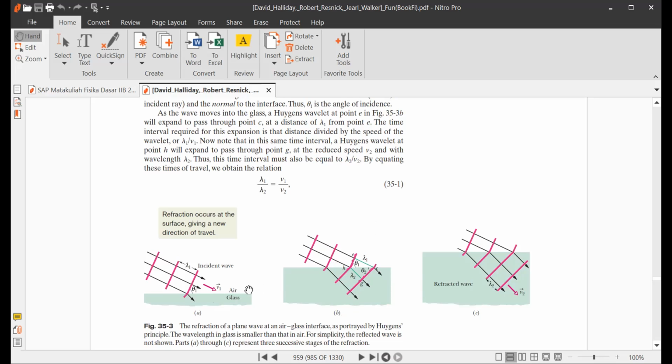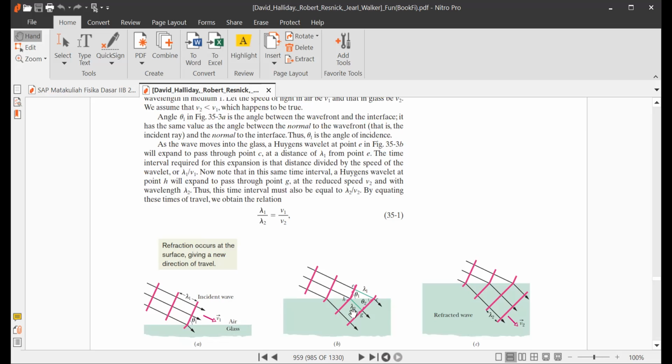This theta here is related to the angle of reflection, but refraction is related to the angle with respect to the normal axis. And if the light is refracted, it has to satisfy this equation.